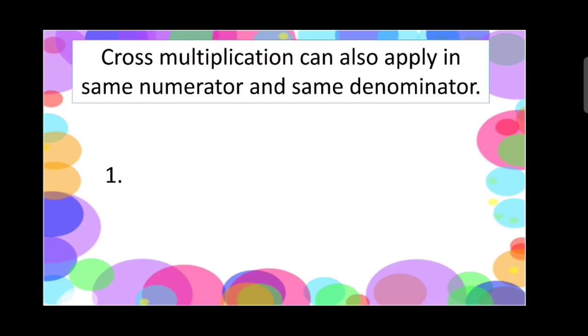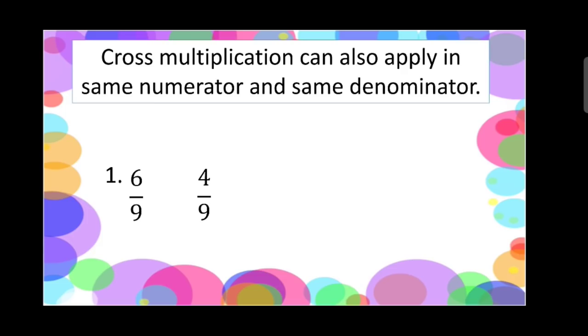Okay. Ayan. Ito naman, cross multiplication can also apply in same numerator and same denominator. Di ba kanina, kung nahihirapan kayo kanina, pwede rin pala natin gamitin yung cross multiplication sa same numerator and same denominator. Mamigay tayo ng example. We have 6 over 9, then 4 over 9.